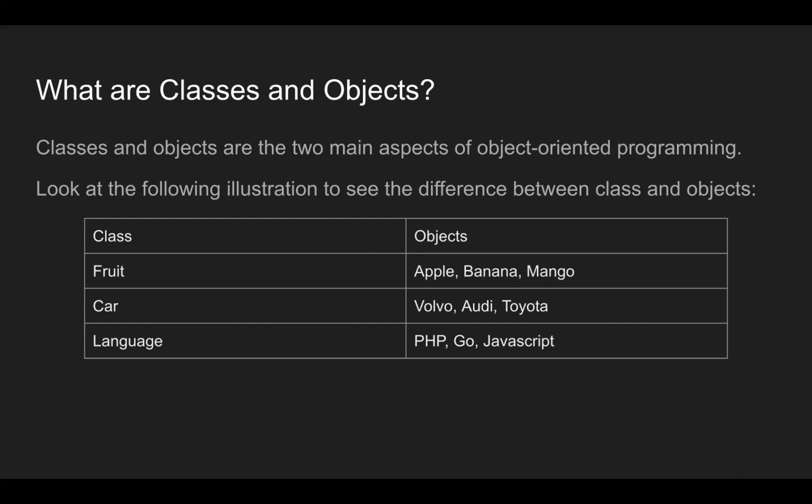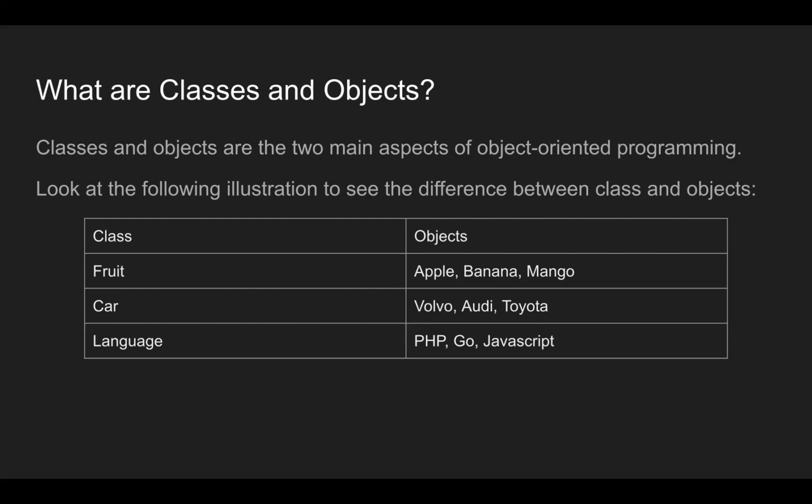We've got Volvo, Hyundai, Toyota, Tesla, or any other car brand. And let's say you're talking about programming languages, you can have PHP, Go, JavaScript, Python, etc. So the fruit is a class, while the objects are apple, banana, mango, etc.